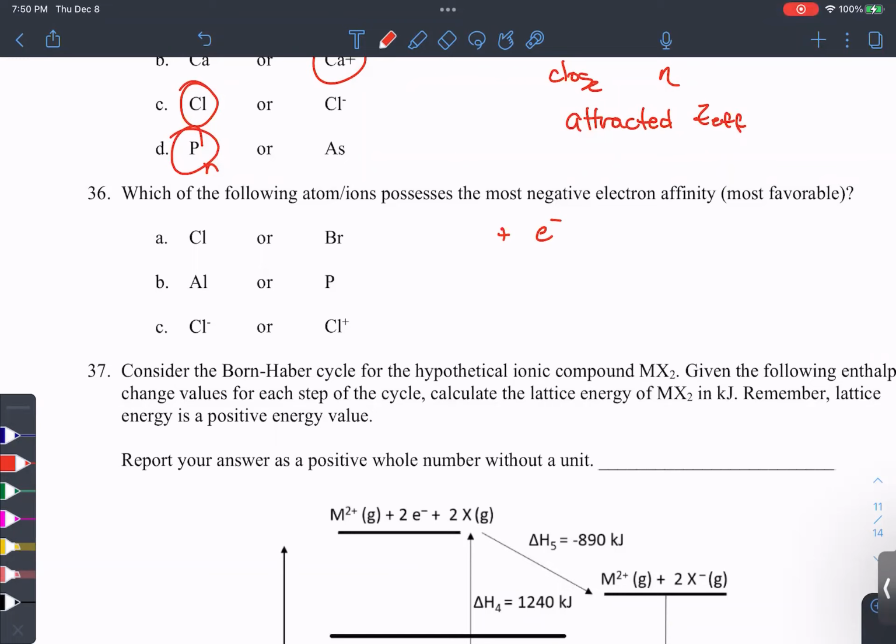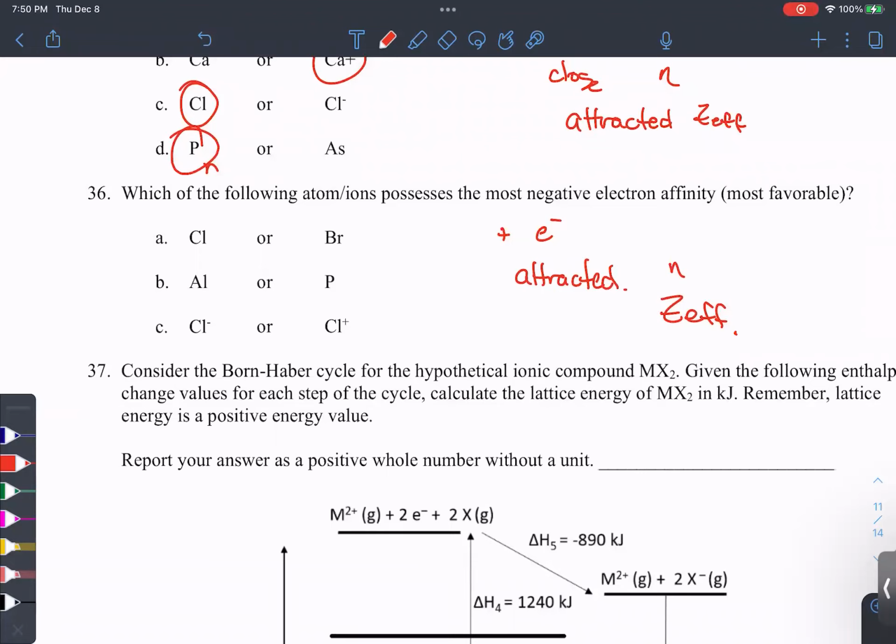You add that electron, it's really attracted. So again, we're going to look at N value and Z effective. If you bring the electron closer to the nucleus, it's more favorable because the nucleus is positively charged. If you put an added electron on something with a high Z effective, again, that's going to be very favorable.